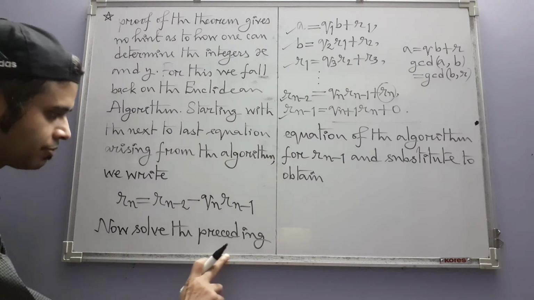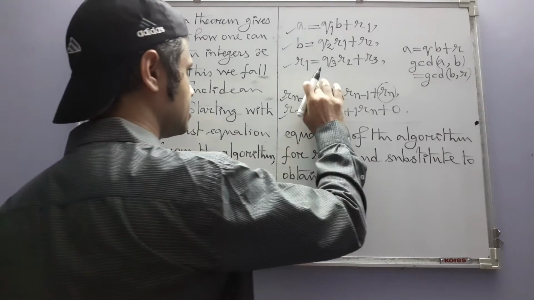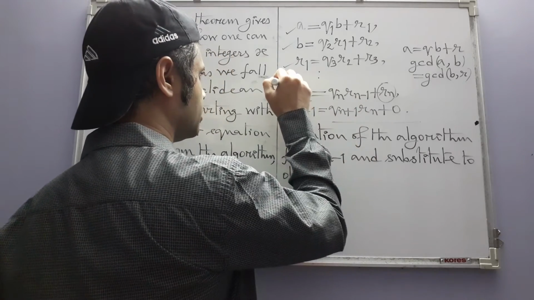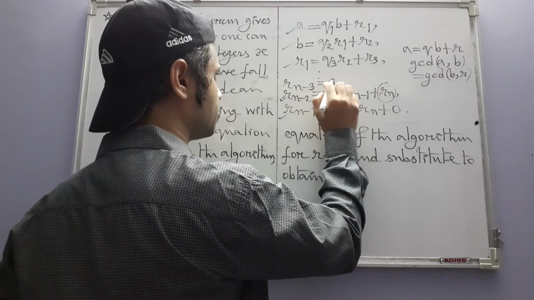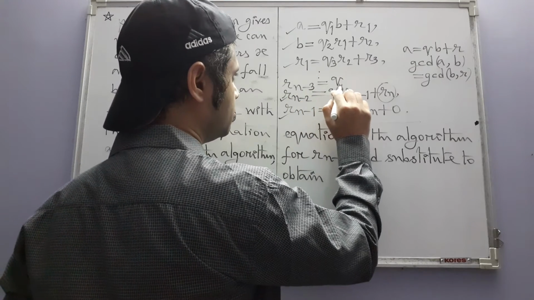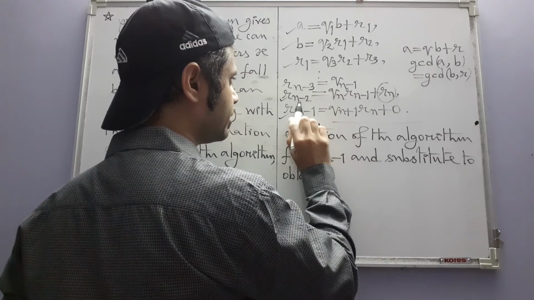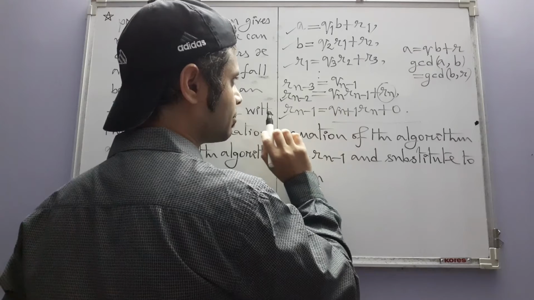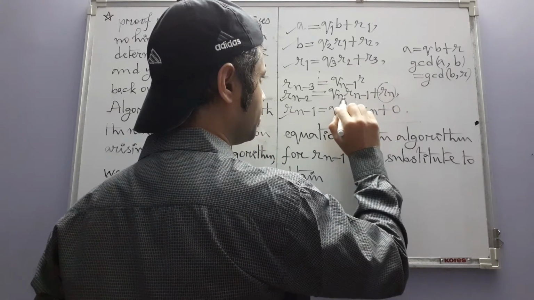Then now solve the preceding equation, even the equation before that. Let's just see, let's write the equation before that. It will be Rn minus 3 equal to qn minus 1, we are adding 2 to this suffix to get this suffix, and this one, the next one, is 1 less than that.